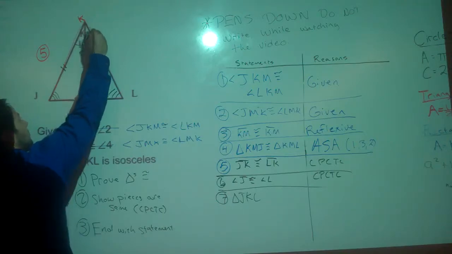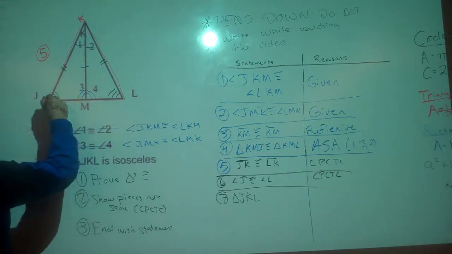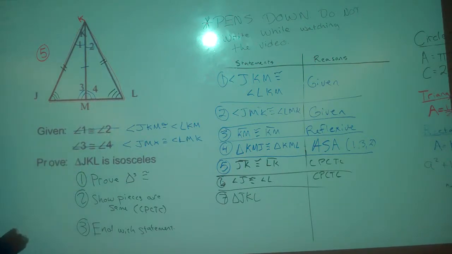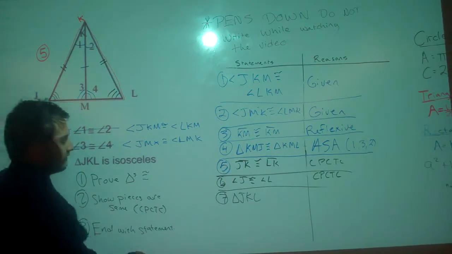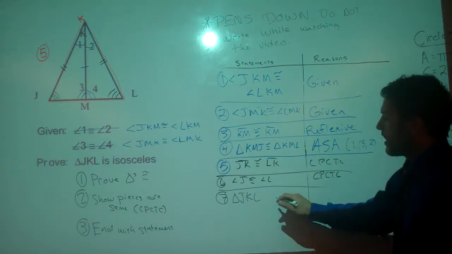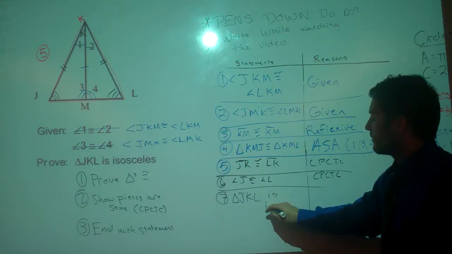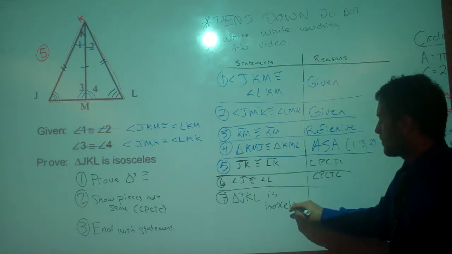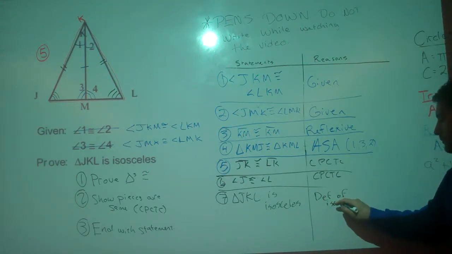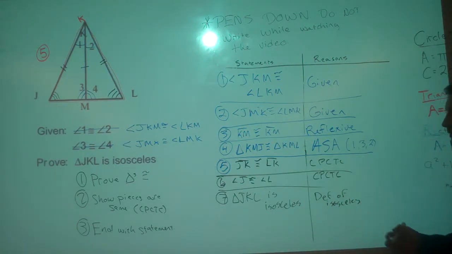So you can see this big red triangle JKL clearly has two sides that are the same, marked in black, and two angles that are the same. That is what it means to be isosceles. I proved that those pieces were the same through CPCTC. So now I can say that JKL is isosceles by the definition of isosceles. That is it for that proof.